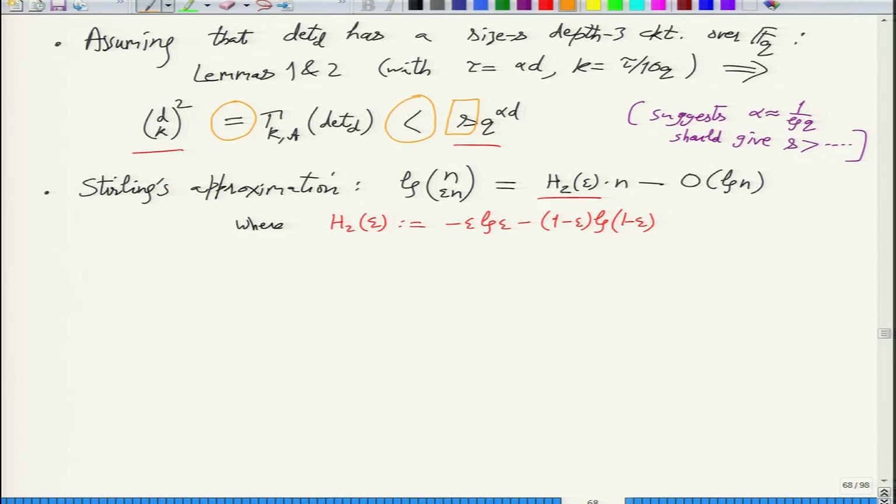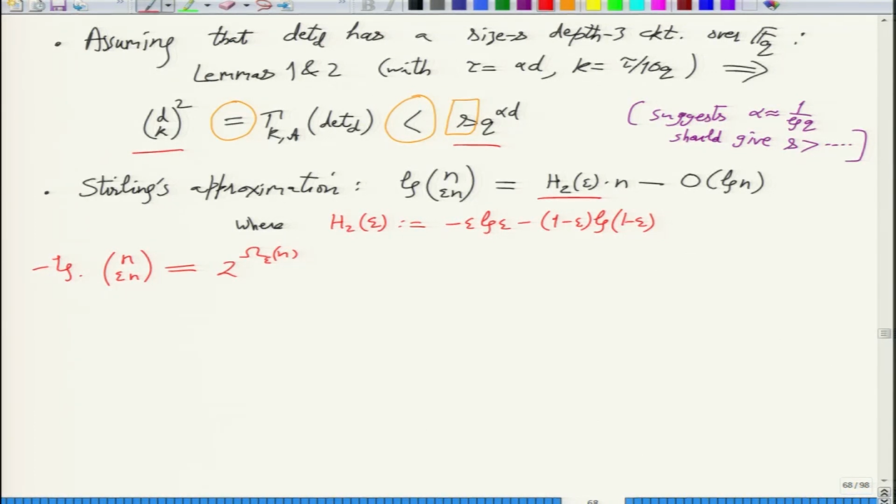So for example, n choose epsilon n from this, h2 epsilon is around minus epsilon log epsilon, right? So that gives you 2 raised to omega n, where constants will depend on epsilon.